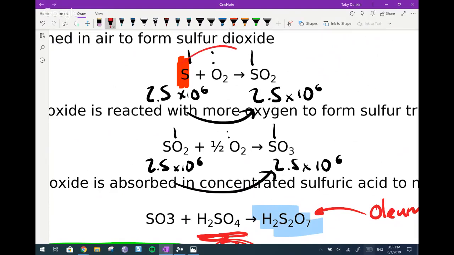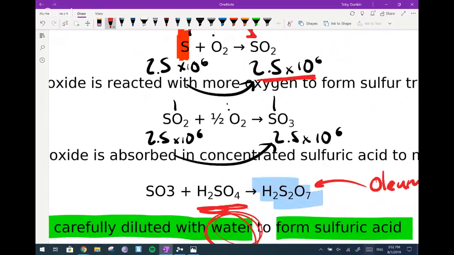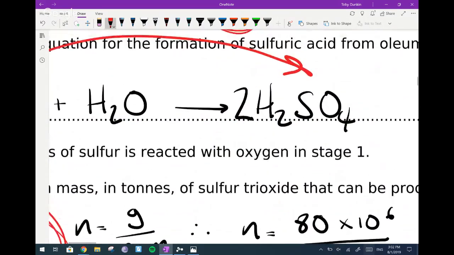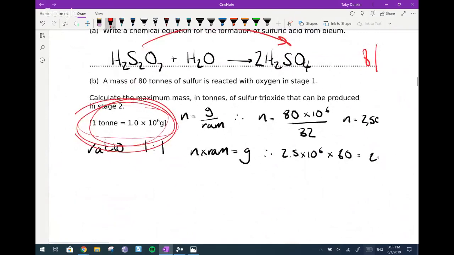The ratio from here to here is 1:1, which means I've got 2.5 million moles of sulfur dioxide. That goes into here. And that's going to go to sulfur trioxide, and the ratio is 1:1, which means I've got 2.5 million moles of sulfur trioxide.